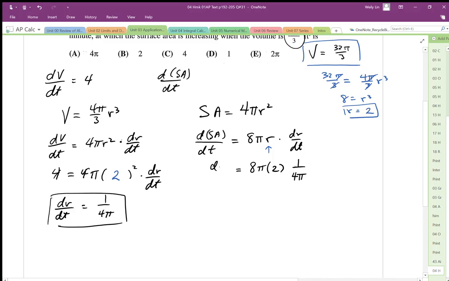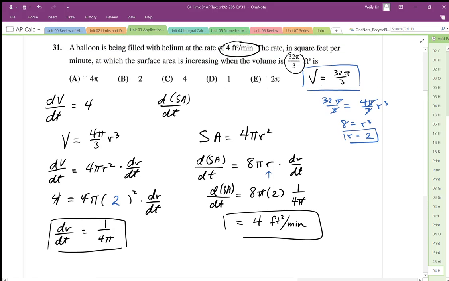When I simplify this all out, the pi's cancel. I get 16 over 4, or 4, and the units are going to be square feet per minute. So the rate at which the surface area is increasing when the volume is 32 pi over 3 is going to be 4 square feet per minute.